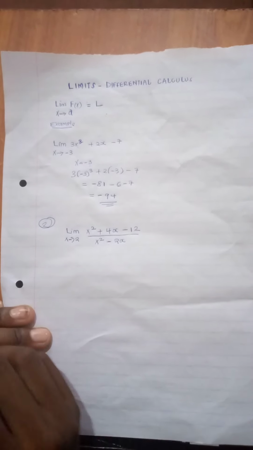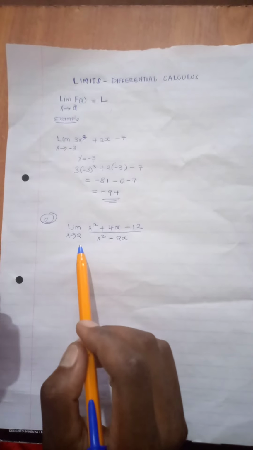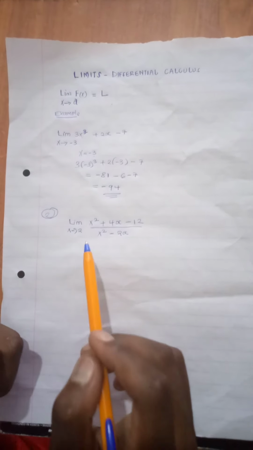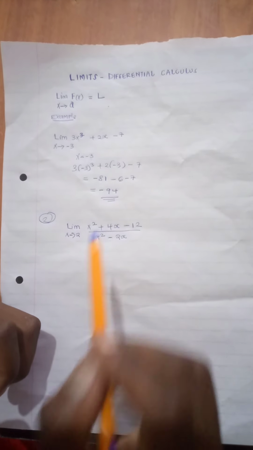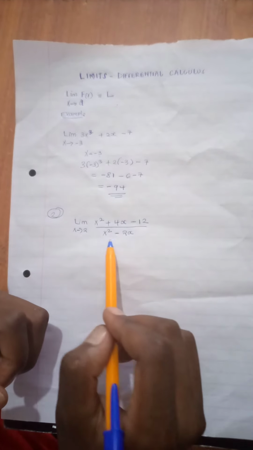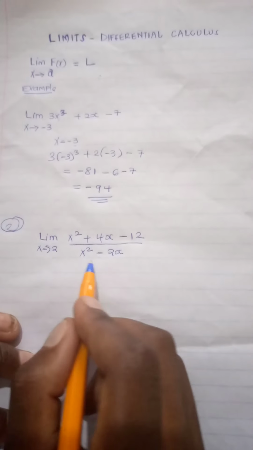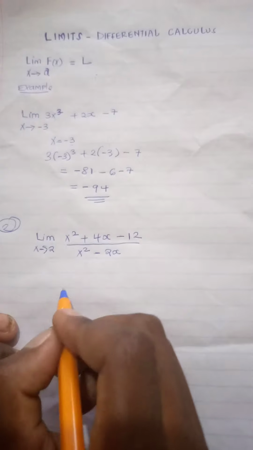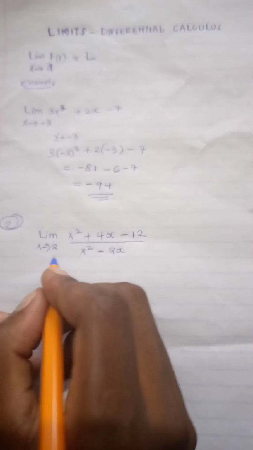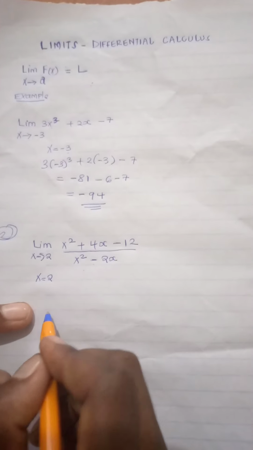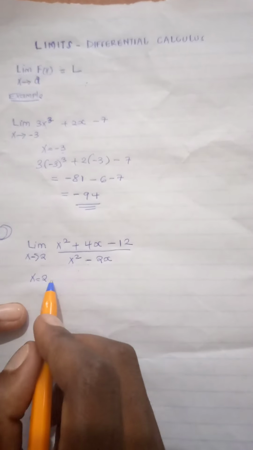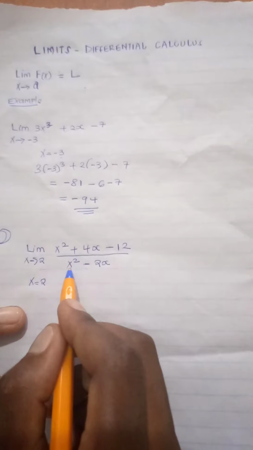The best thing to do is to simplify as much as you can to remove the zero in the denominator. How are you going to test this? Just assume that x is equal to 2, then substitute 2 for x.